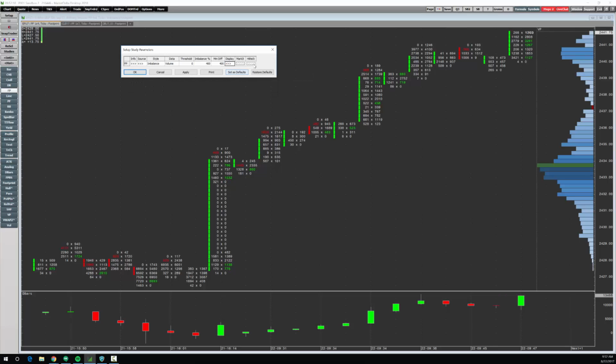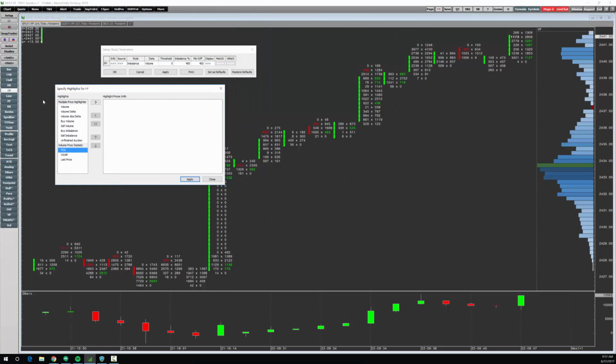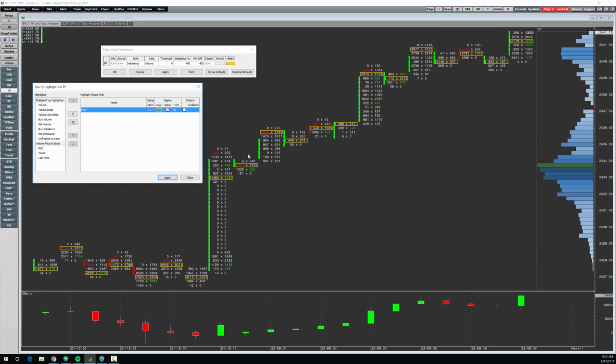I want to show you something though, probably the most popular. Highlight it. If you go into here and add POC, and I'm going to change it to yellow or kind of gold. If I hit apply, you see the yellow or gold colored box on each bar.